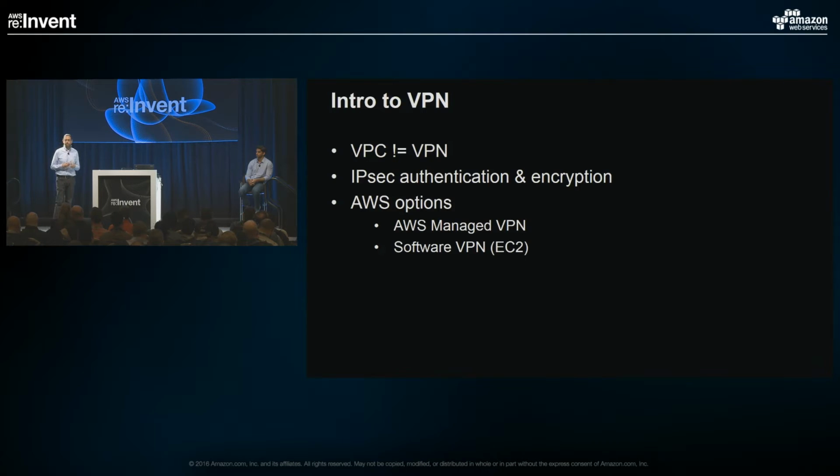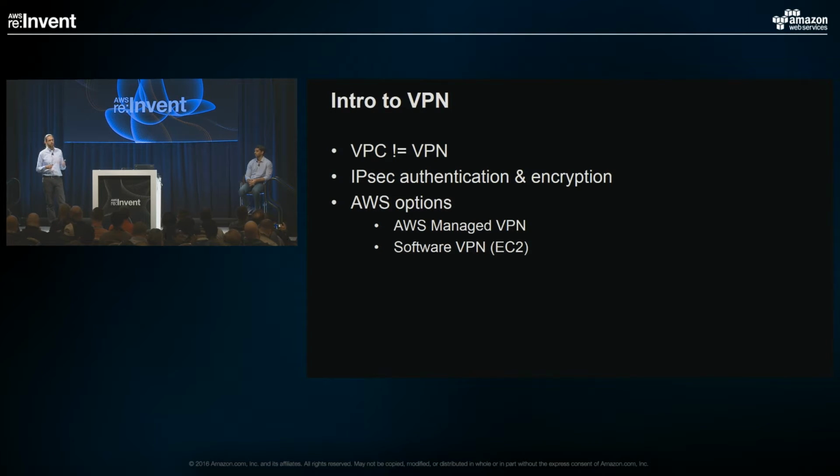In the context of VPN, our focus will be mainly on IPsec VPN. IPsec VPN will authenticate and encrypt IP packets, and IPsec VPN on AWS really breaks down into two main options. The first is AWS Managed VPN, which you'll see referred to in the documentation as hardware VPN.